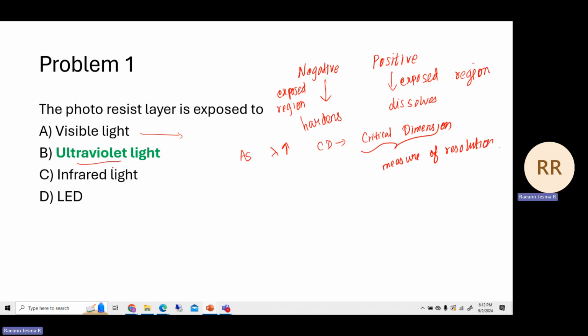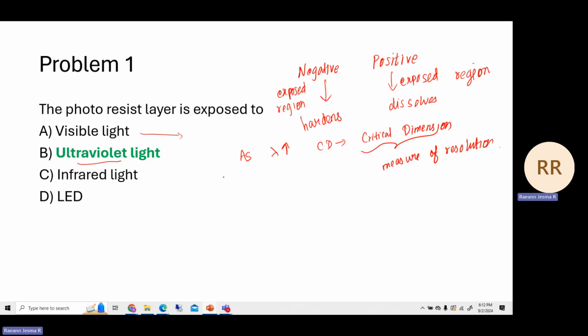If we compare the other options, the wavelength is larger, so the resolution is coarser. In lithography, we can fabricate features down to nanometer resolution. In ultraviolet light, there are various wavelengths mainly used for exposure.